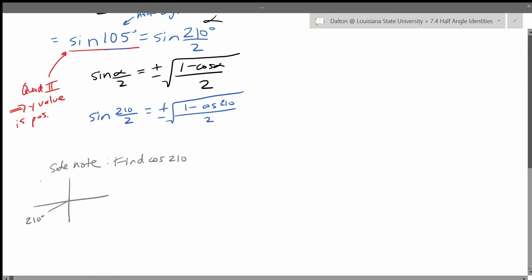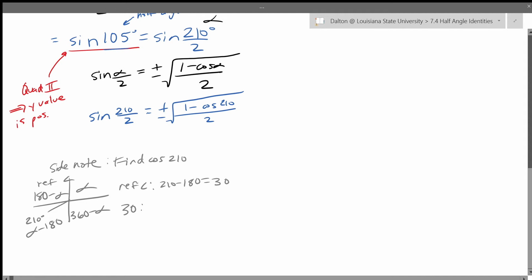So for reference angles, we use alpha, 180 minus alpha, alpha minus 180, and 360 minus alpha. So if I want to choose a reference angle for 210 degrees, since I'm in the third quadrant, I'm going to do 210 minus 180, and I get 30. Okay, so you better know your 30-degree coordinates by heart.